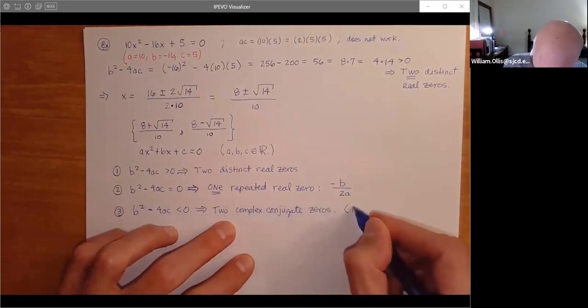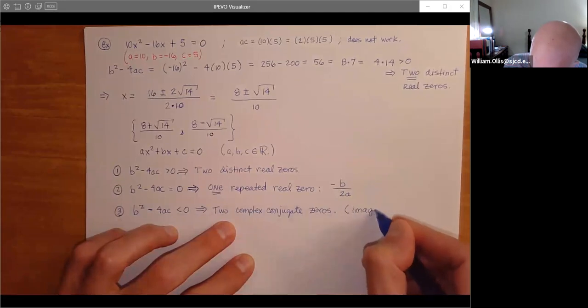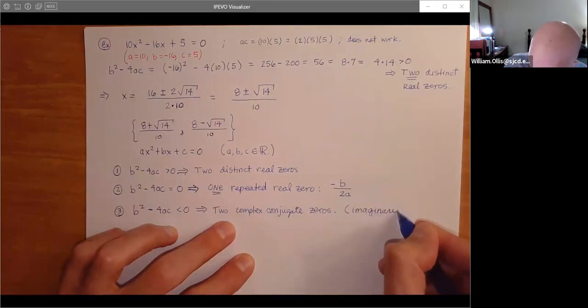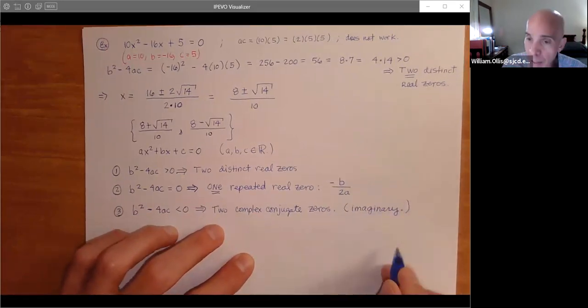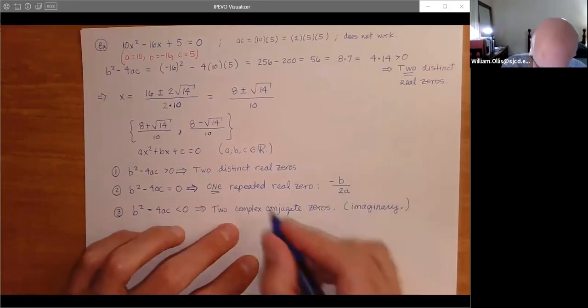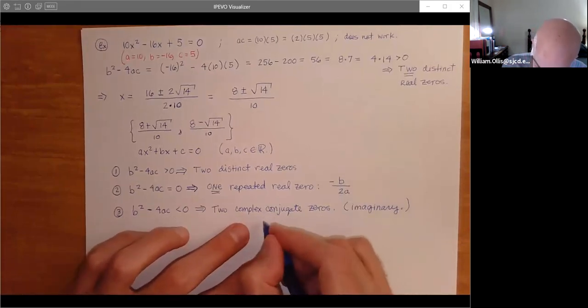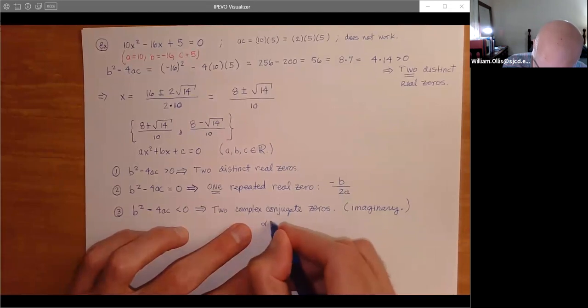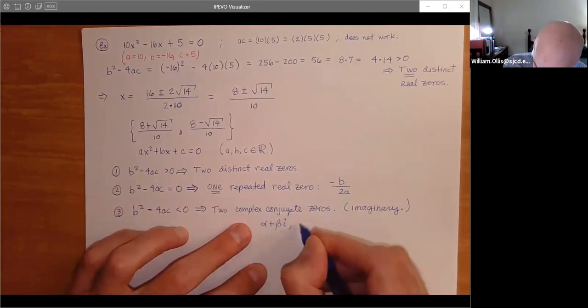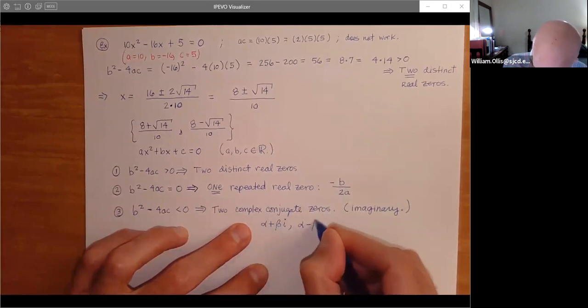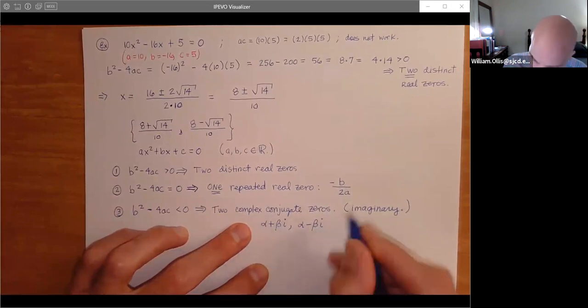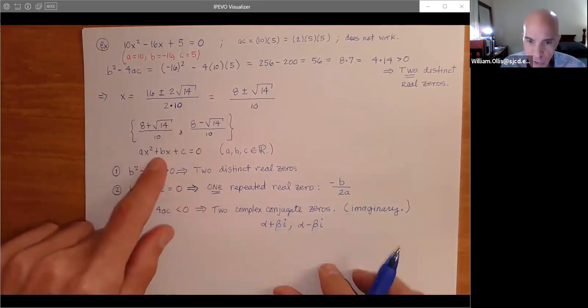That is, imaginary. And remember, when we have imaginary zeros, they might have some kind of form like alpha plus beta times i, and then alpha minus beta times i, not to use the same letters that I've used up here.